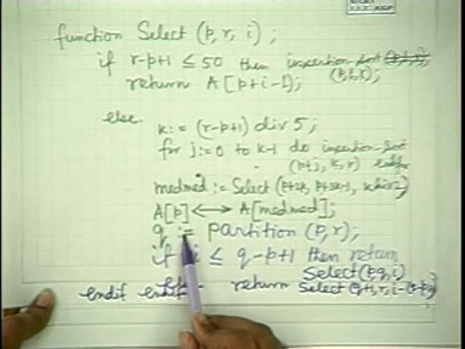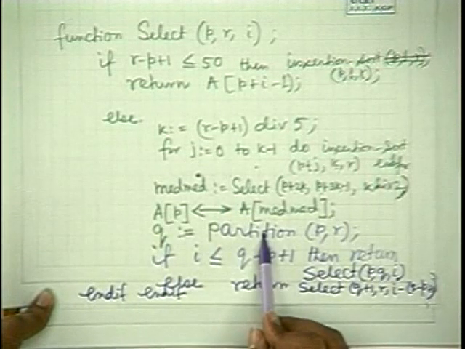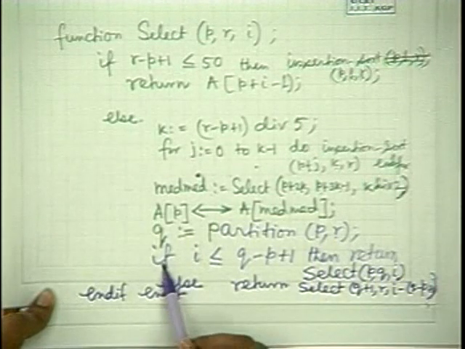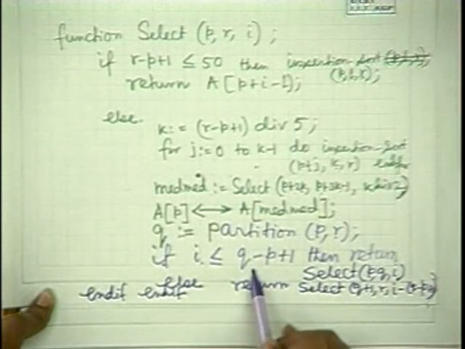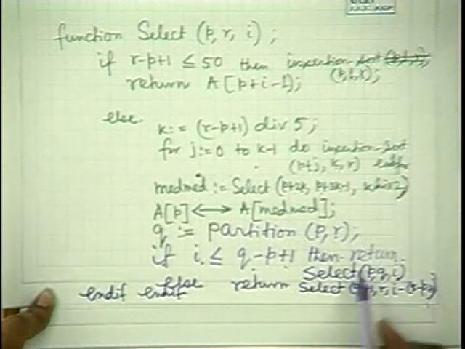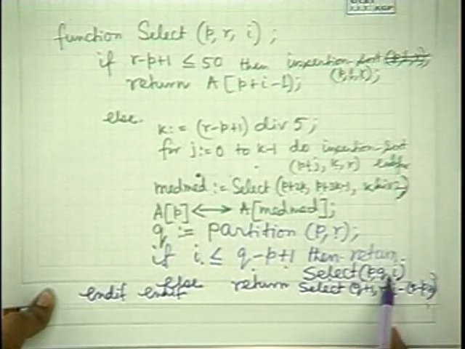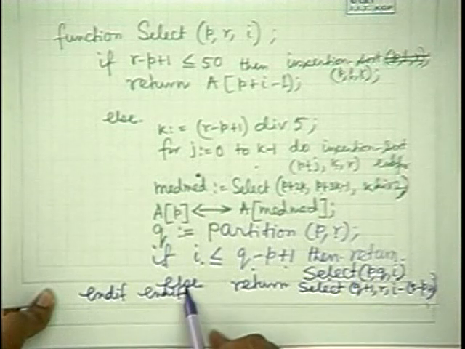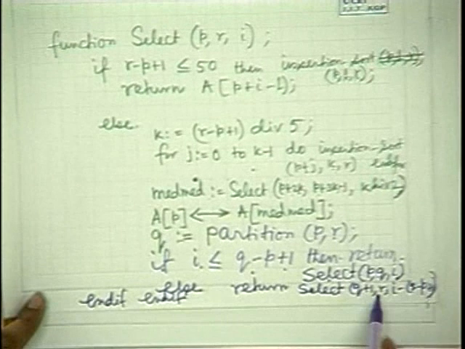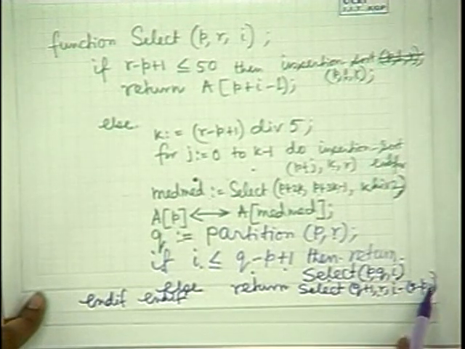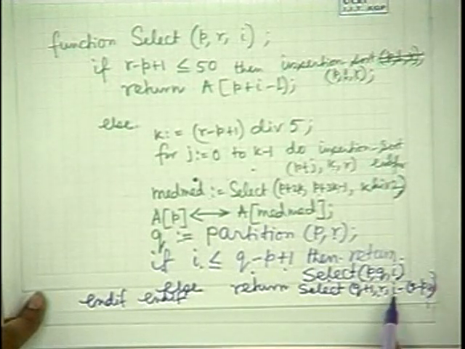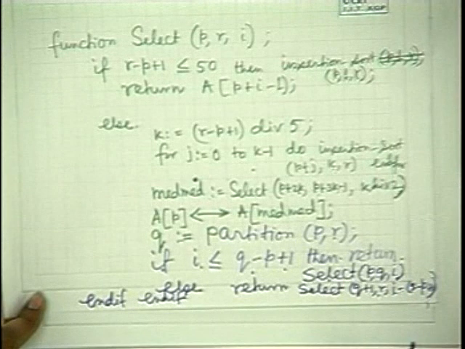Q is assigned partition p, r. If i is less than or equal to q minus p plus 1, then return select p, q, i, else return select q plus 1, r, i minus q minus p plus 1.